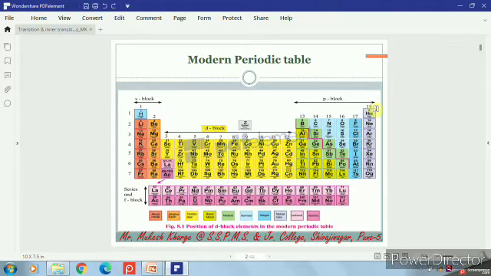The transition elements of the modern periodic table appear as group number 3 to 12, or as 4 long periods, period number 4 to 7.